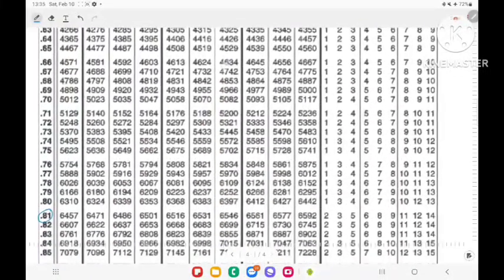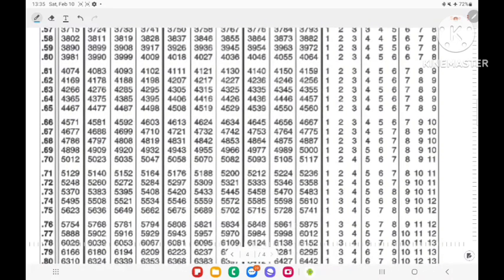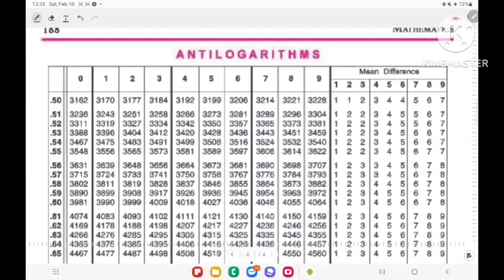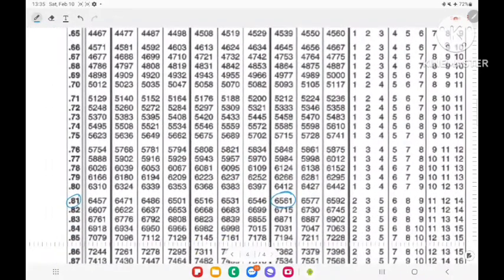Yeah, 0.81, 0, 1, 2, 3, 4, 5, 6, 7. Okay, this is 7, right? Yeah, 7. For 0.817, we got 6561. Under the addition column 2, this is the addition 2. So 6561 plus 2 will become 6563.